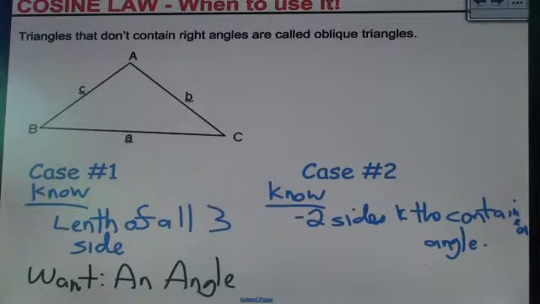Whenever I say we know two sides and the contained angle, it'd be like if we knew this side, and the contained angle is right in the middle of those two. That is a contained angle. So you must know either side around an angle. And whenever we have that, we want the length of the missing side.